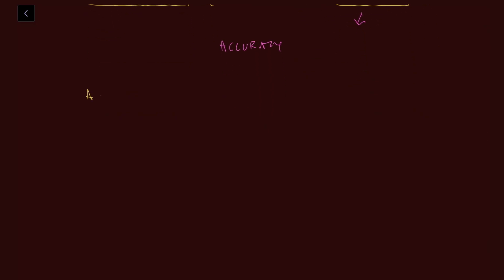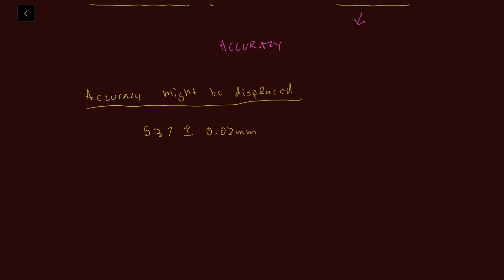Now, let's move on to how accuracy might be displayed. In your studies of physics, you might see accuracy displayed in two different ways. You can see it as 537 plus or minus 0.02 millimeters, or equivalently, you might see it as 537(0.02) millimeters. These two mean exactly the same thing.